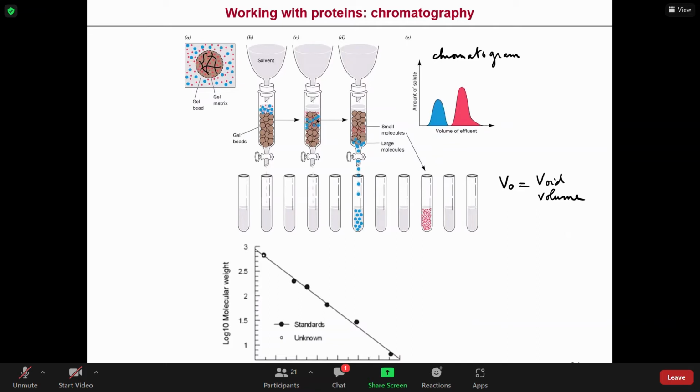And when we plot the logarithm of the molecular weight or molecular mass of your proteins against the ratio between the elution volume and the void volume, you get a line.